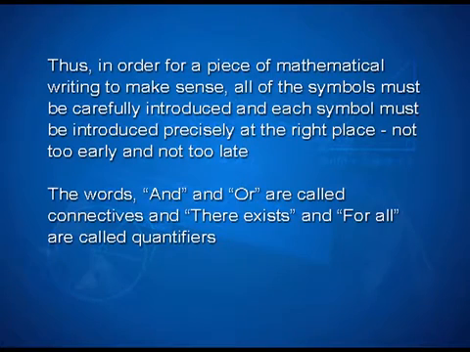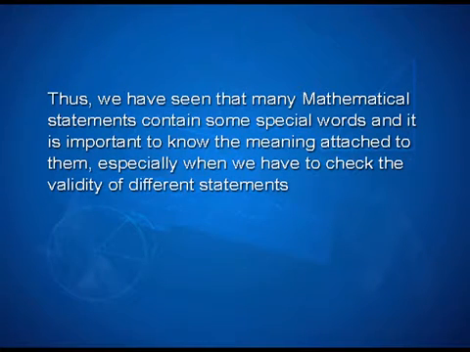The words and, or are called connectives, and there exists and for all are called quantifiers. Thus, we have seen that many mathematical statements contain some special words and it is important to know the meaning attached to them, especially when we have to check the validity of different statements.